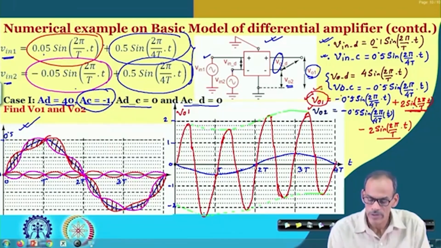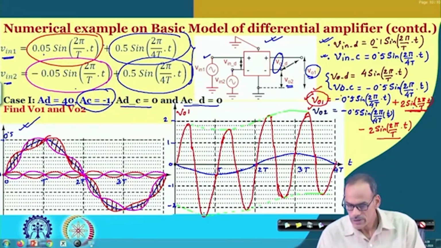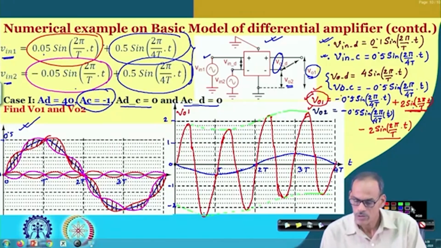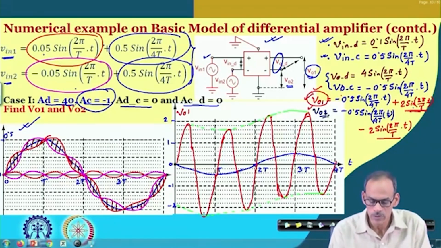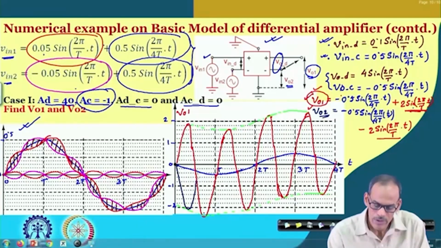Now, if you plot the other output, namely VO2, it is complementary, but the common mode part remains the same. Only the differential part is complementary. Right, and it goes like this.